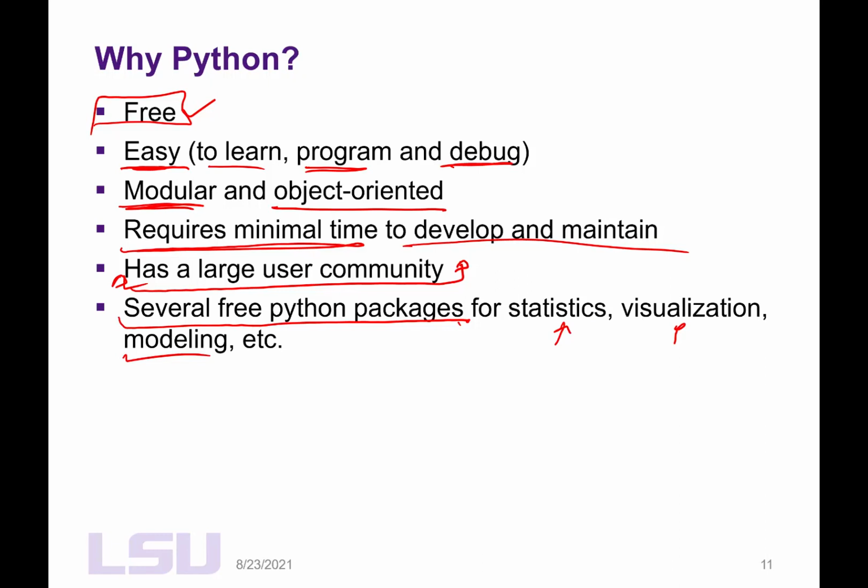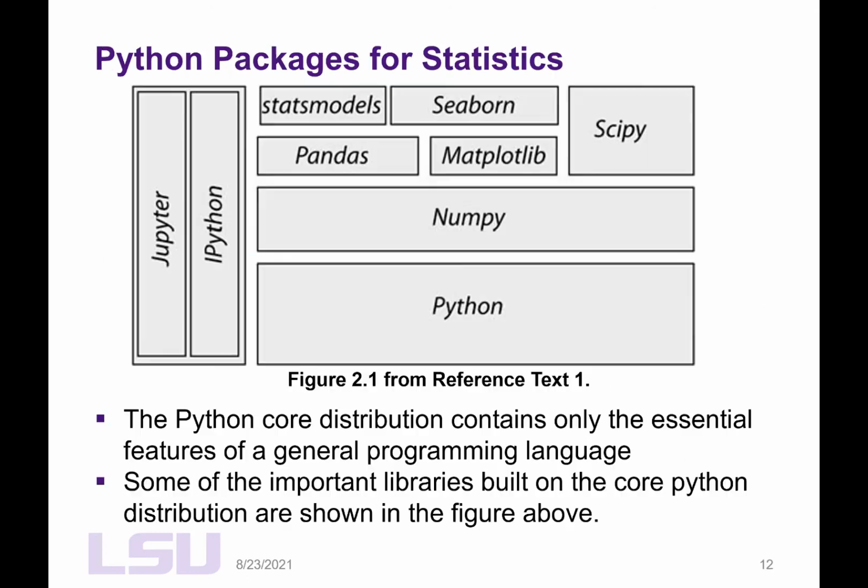Whatever you're trying to do, someone might have done something similar already. So you need to check out the Python packages that may be suited to whatever programming objective you're trying to achieve. So these are the reasons why we use Python.